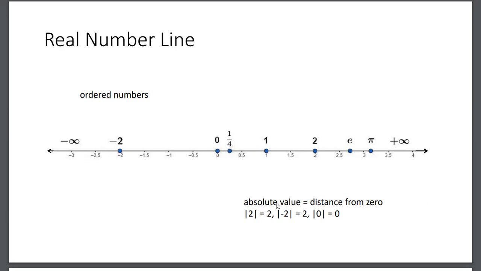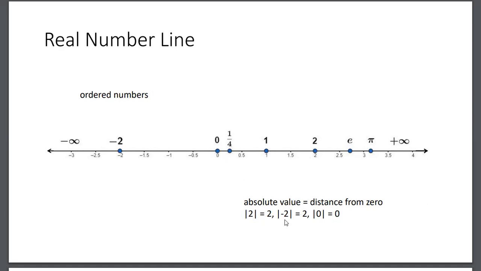The concept of absolute value comes into note here. The absolute value of a number is its distance from 0, and distance is always positive. The absolute value is indicated by 2 vertical bars around the quantity. The absolute value of 2 is 2 because the distance of 2 from 0 is 2 units.